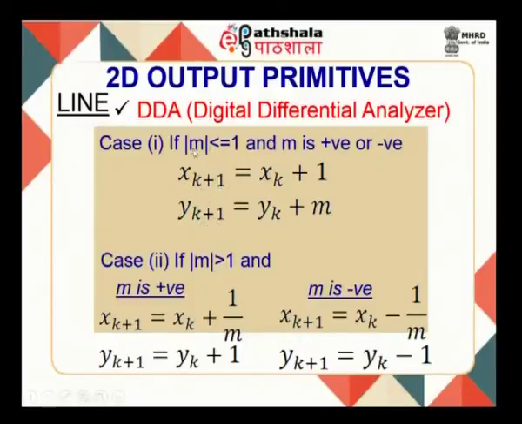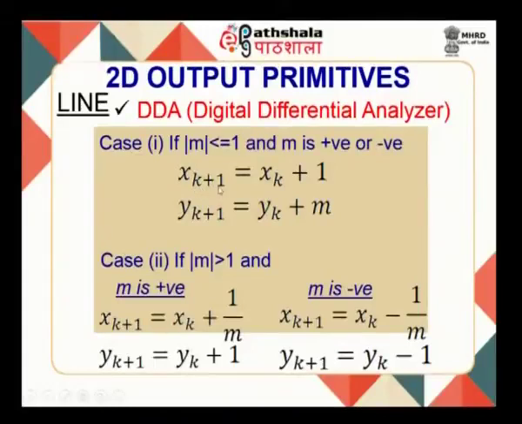In this case, as we assume that the slope is less than 1, we are sampling the line along the x axis. As we understood earlier, for lines which are more inclined towards the x axis, we sample the line along the x axis at unit steps. That means every next x value is exactly 1 unit from the previous x value.